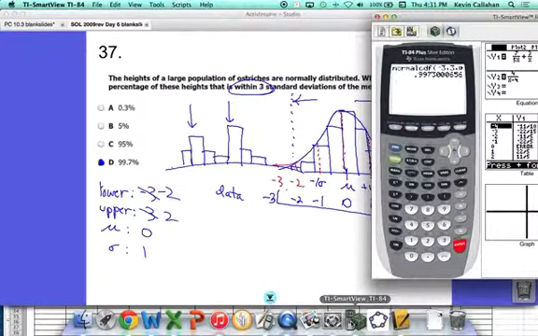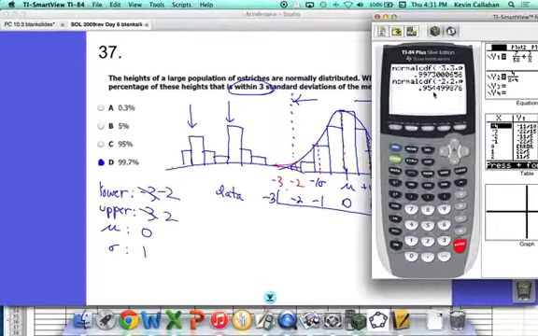Okay, so I'm going to bring this up again, second, enter, and in place of my -3 and 3, I'm going to put -2 and 2. And now I get 0.95.